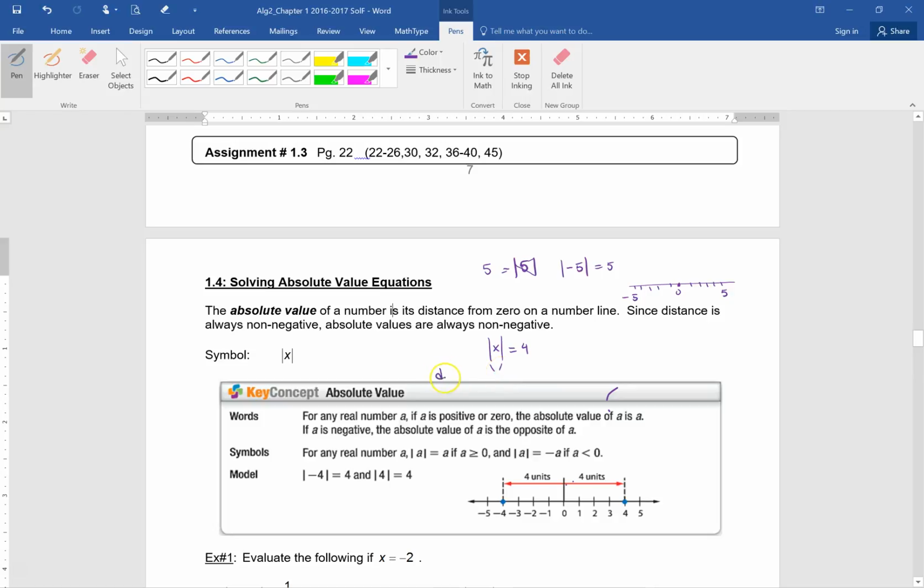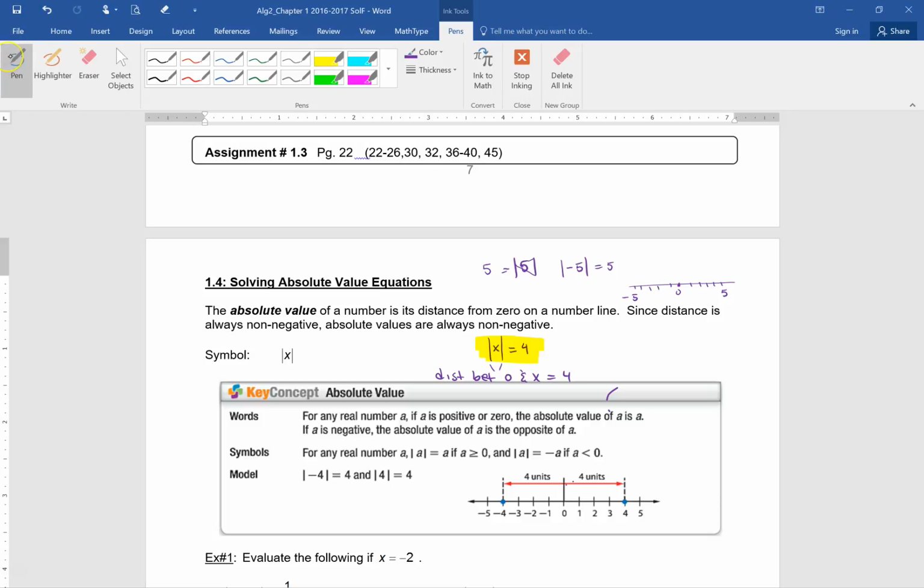Okay, so the distance between 0 and x is 4. If I was walking down the street and saw this on a billboard, absolute value of x equals 4, I would go, oh, there is a number x and it's 4 units away from 0, right? So now what could x possibly be?